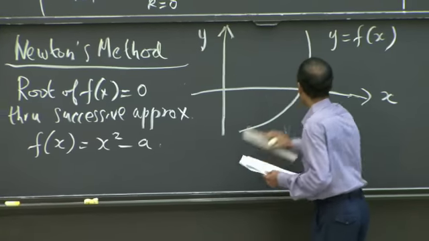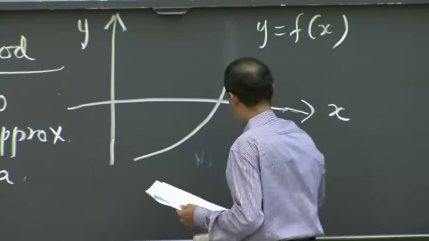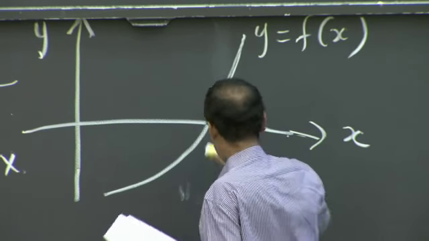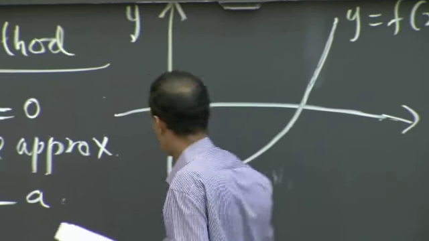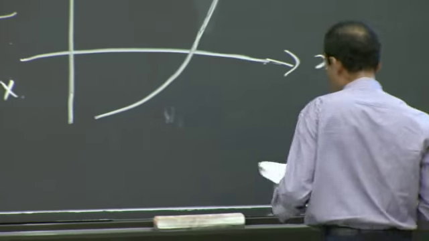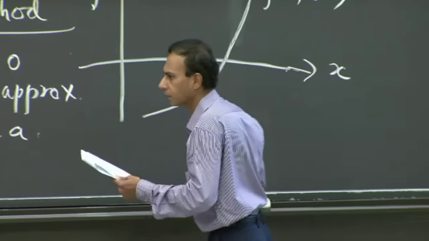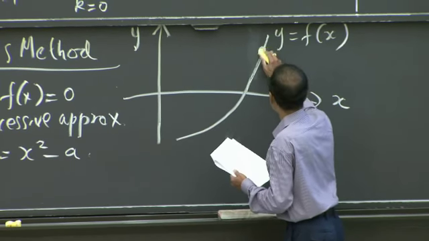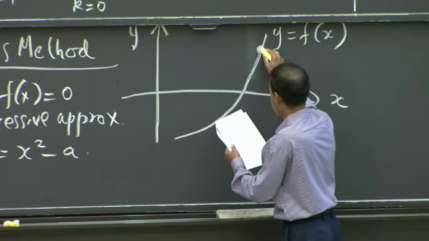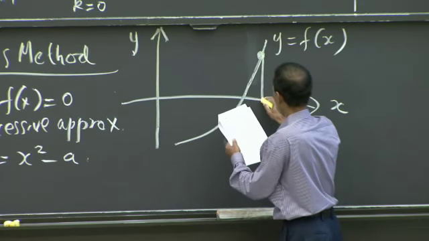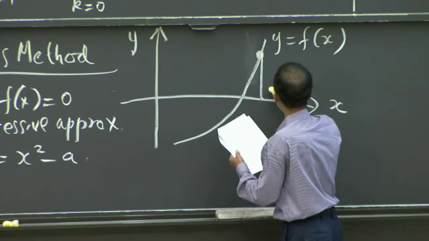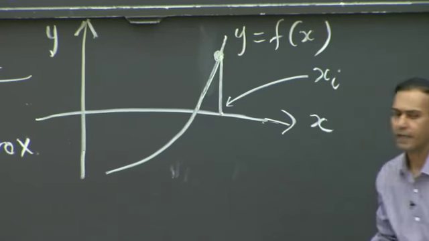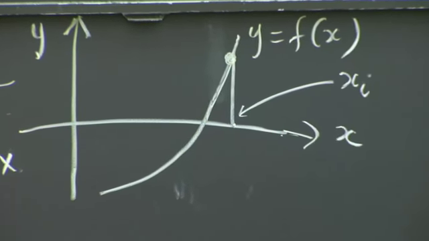So the way Newton's method works is it tries, geometrically speaking, to find tangents. A different colored chalk would be useful here, but you don't seem to see one. So let's say you're sitting out here, and it's a successive approximation method. So this would give you x of i, and now you want to compute x of i plus 1.